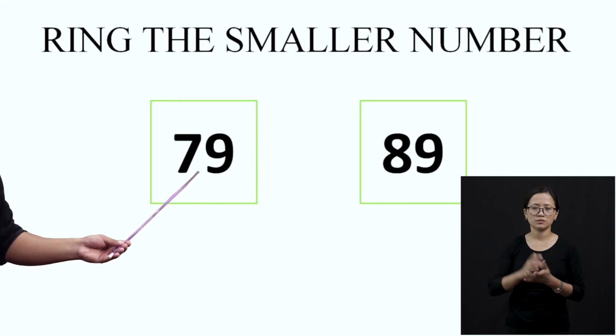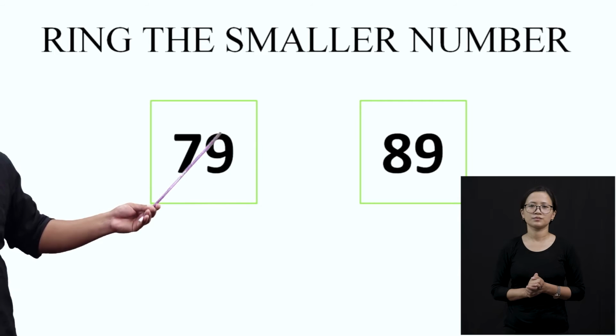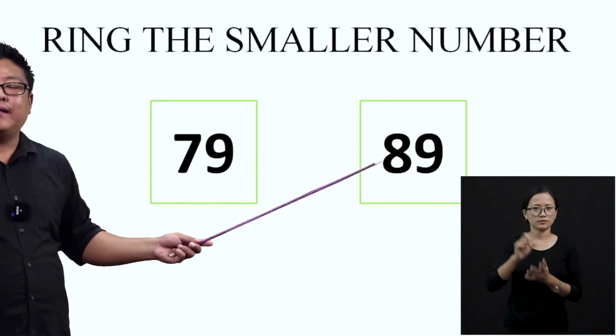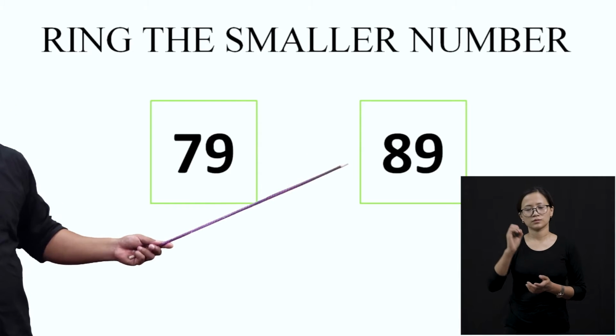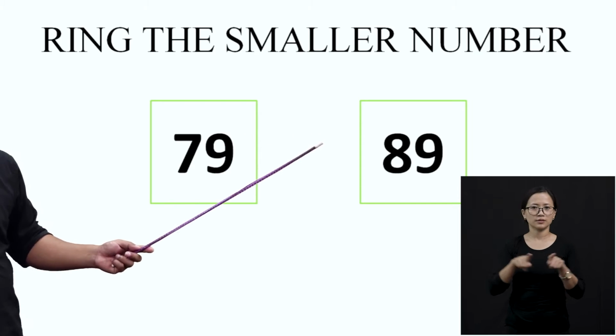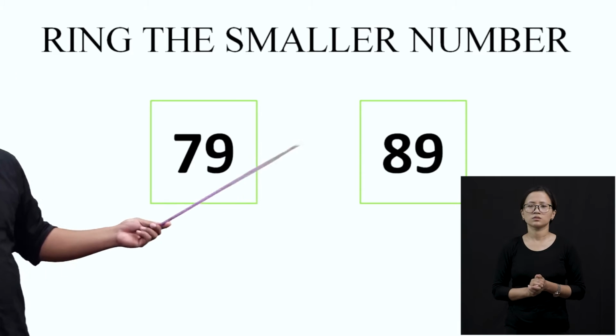The 7 is in the tens place, and in 89, 8 is in the tens place. Now please compare 8 and 7. Which one is bigger? 8 is bigger than 7.